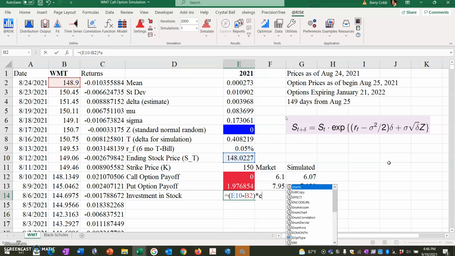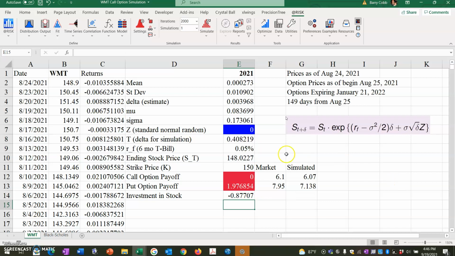And as with all cash flows here, we will discount those, in this case using the risk-free rate because we're holding the option. So that would be equal to the exponential function with a negative and the time to expiration times the risk-free rate. So that'll be an investment in the stock.